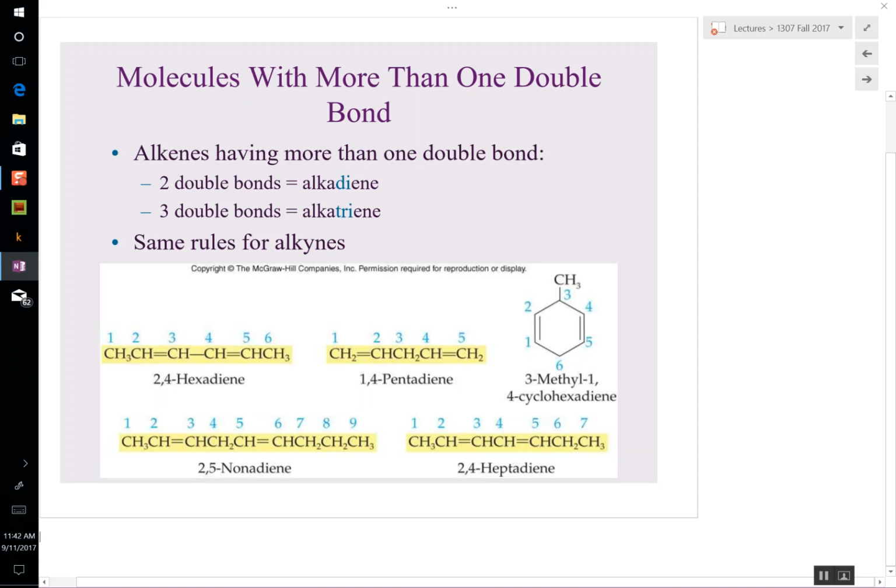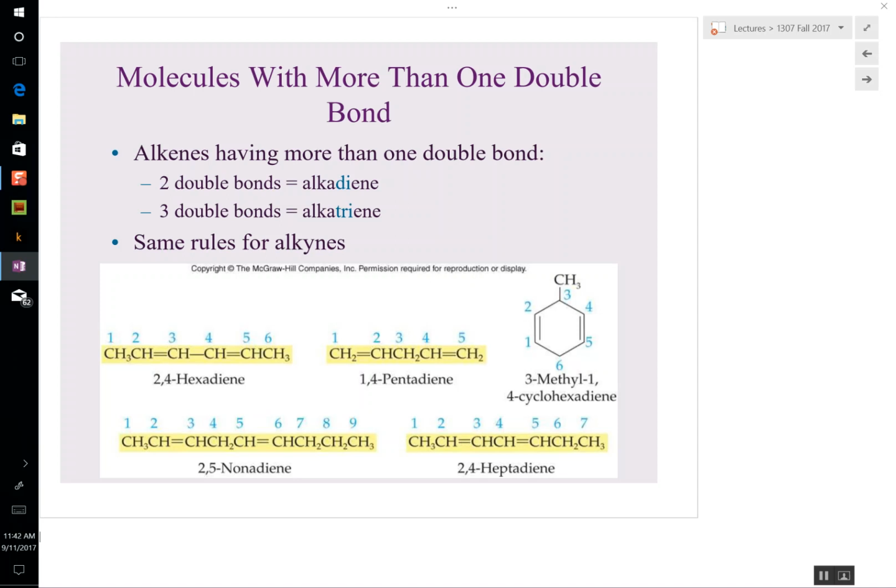Guess what? You can have two double bonds in a molecule. Here's a double bond that starts on carbon number 2, and another double bond starts on carbon number 4. So it's hexene, but it's 2,4-hexadiene.